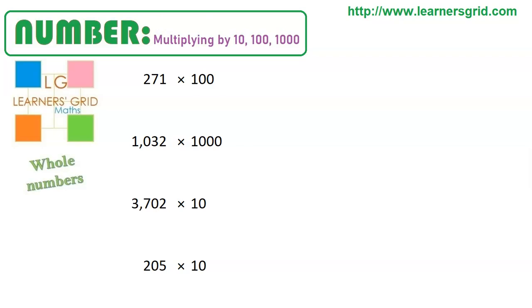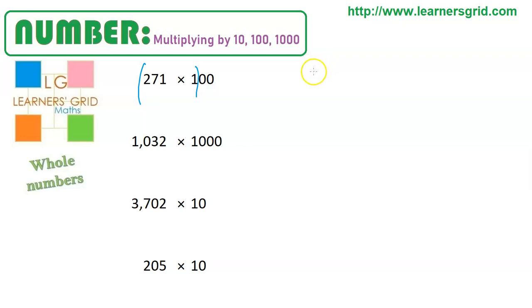So all you do is you take the multiples of 10, so 100, 1,000, 10, for example, you just ignore the zeros for the time being and you just multiply these digits.